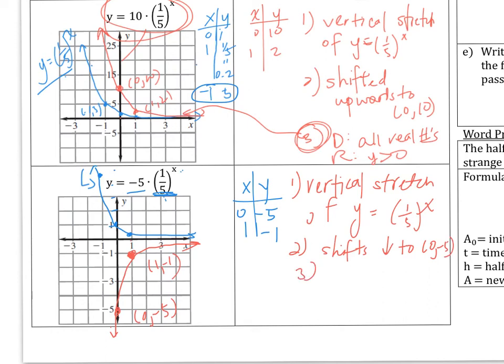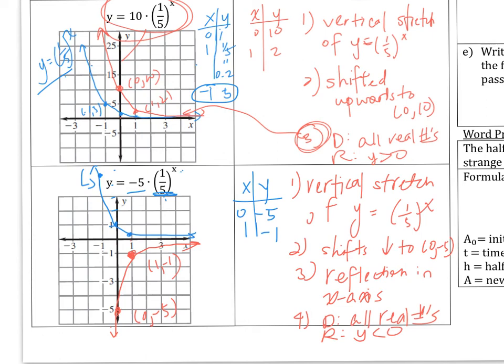Thirdly, it's also a reflection in the x-axis. And I'm going to write the domain: all real numbers. And the range would be all negative numbers below 0.